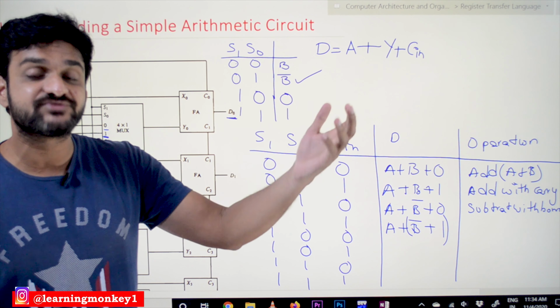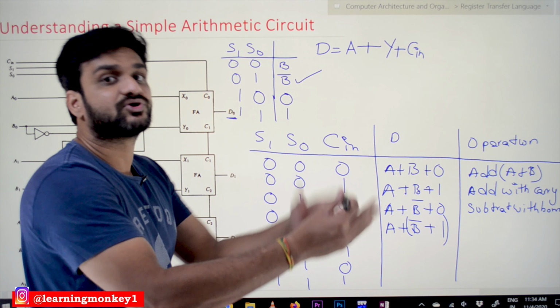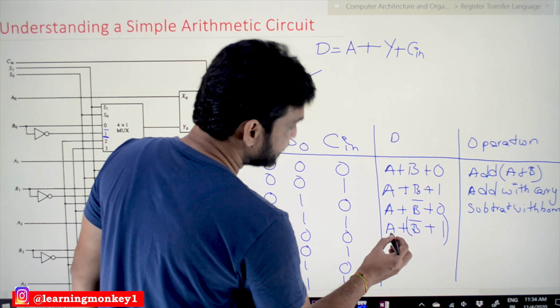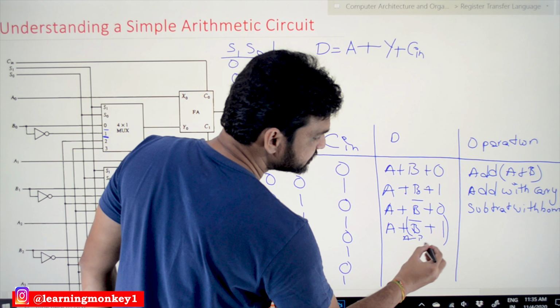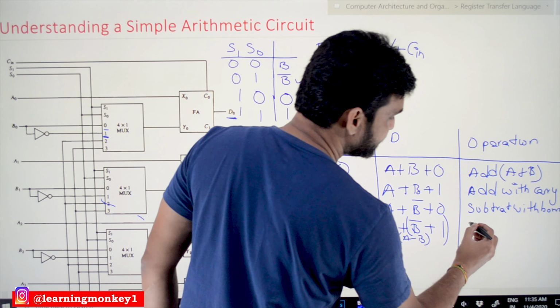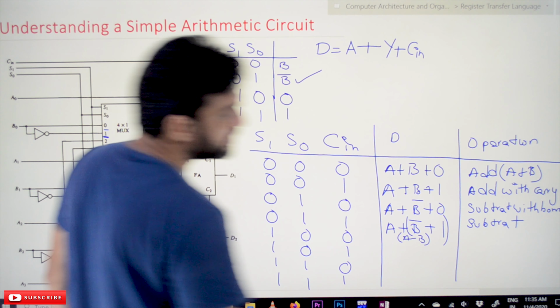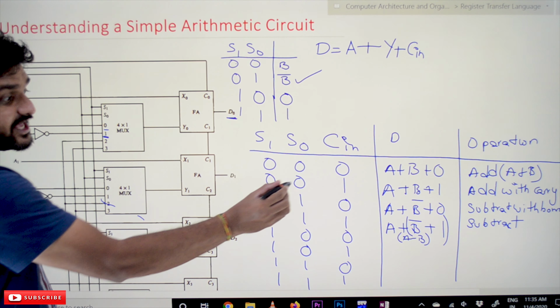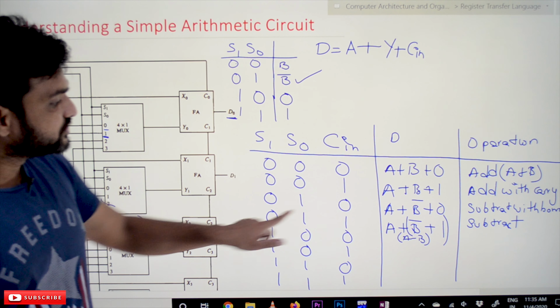Adding A plus the 2's complement of a value is A minus B. So this is going to subtract A and B. The operation performed is A minus B when the value of S0, S1 and Cin is 0, 1, 1.